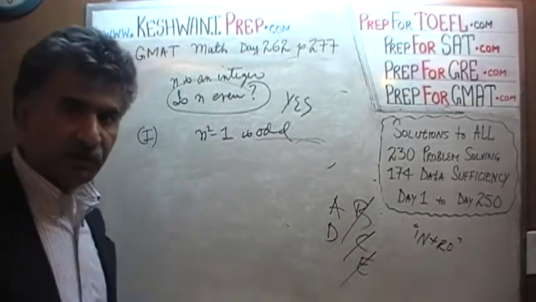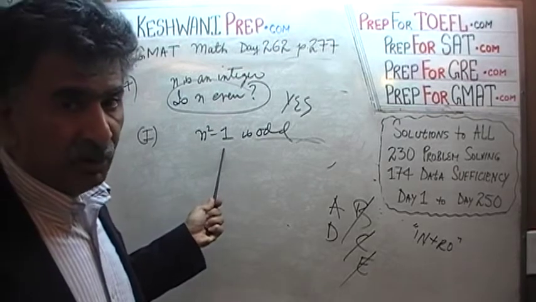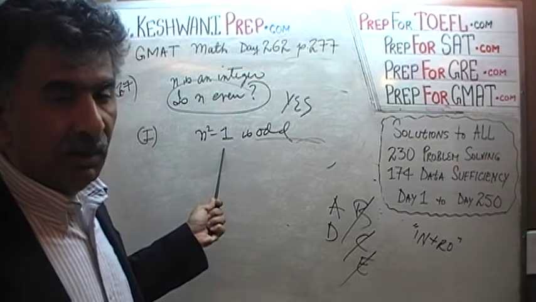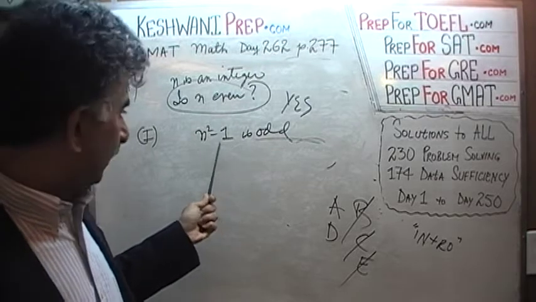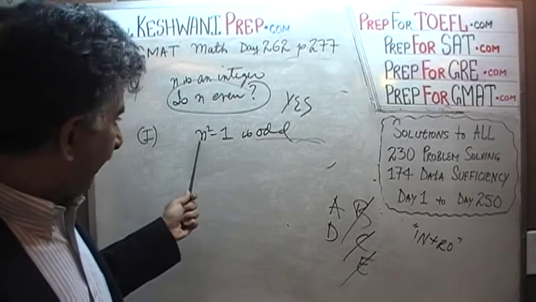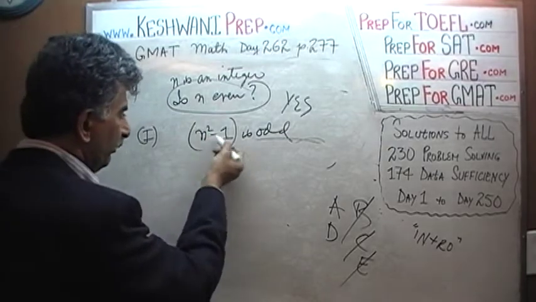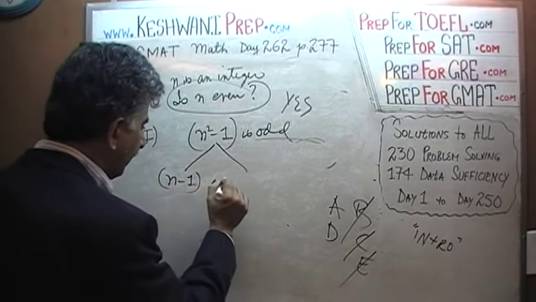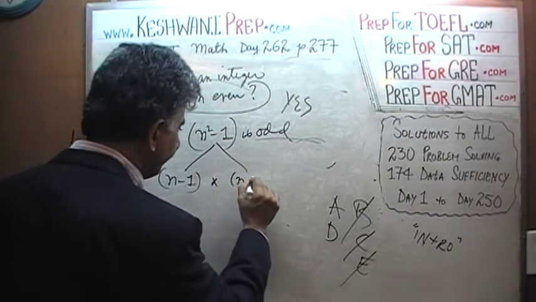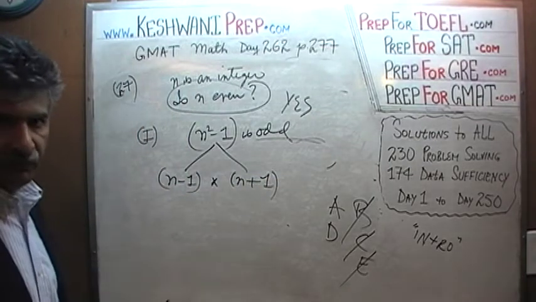I want to quickly point out that there is actually a more classical, more mathematical, more academic, algebraic way of looking at this situation, which is to realize that n squared minus 1 is simply n minus 1 times n plus 1, the difference of two squares.